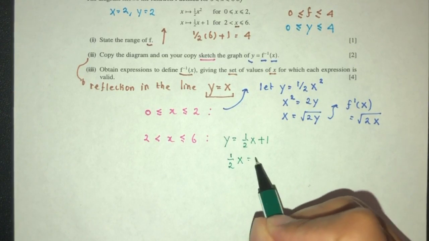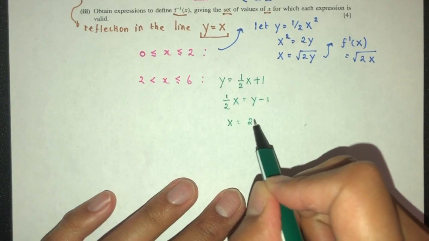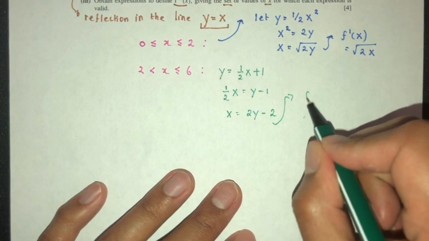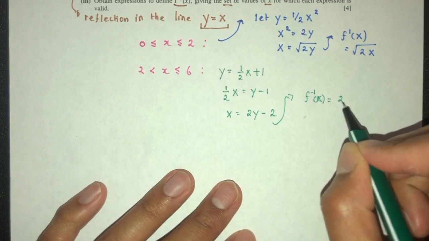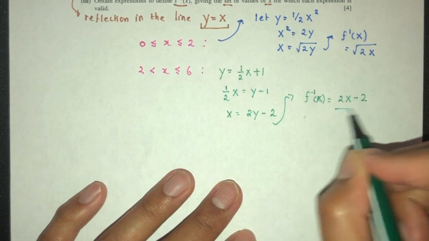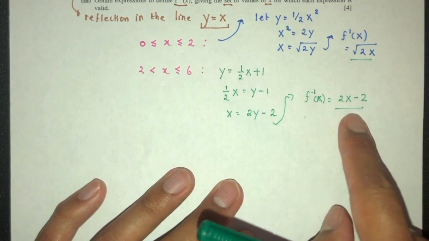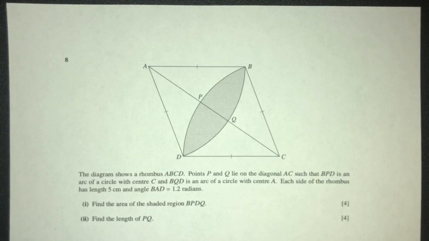Half x will be y minus 1. x will be 2y minus 2. So finally, we can write f inverse in terms of x as 2x minus 2. This is defined for this domain, and this is for this domain. You will have this function f inverse. Let's move on to the next question.